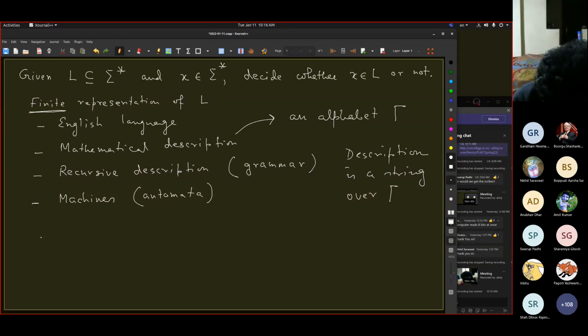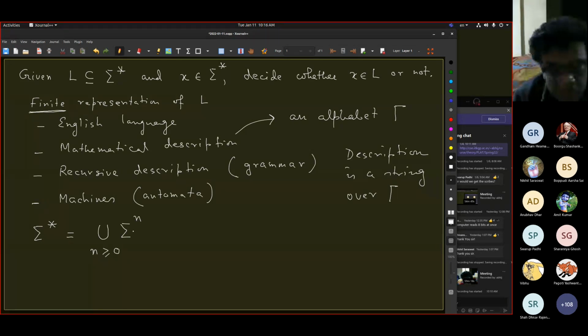Now let us see a frustrating consequence of this. Okay, what is sigma star? It is a countable union of finite sets. Each sigma power n is finite, right? And it's a countable union.